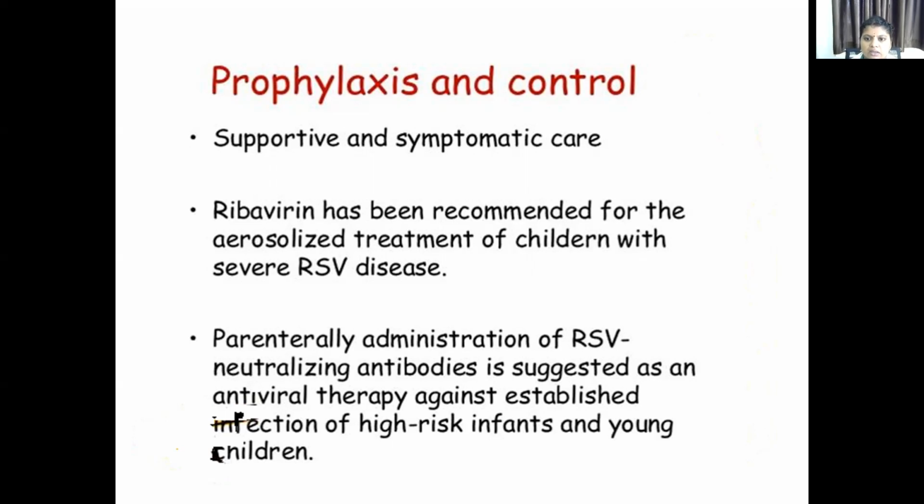Supportive symptomatic care is essential for the treatment of RSV cases. The commonly used antiviral drug is ribavirin, which can be used as an aerosol. Parenteral administration of gamma globulins is also used for the treatment of high risk cases.